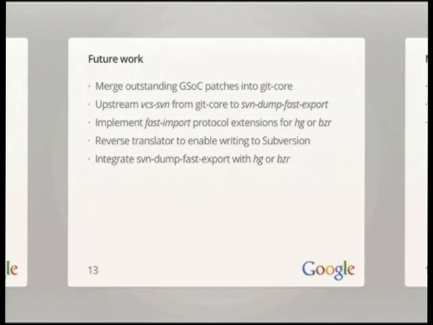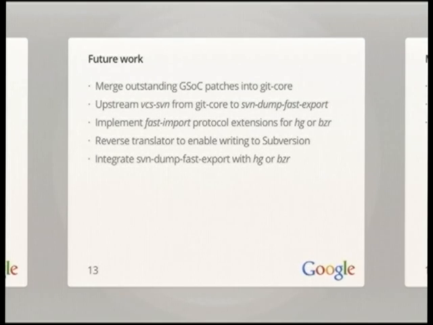Yeah, so there's a whole lot of future work to go, more or less reading off this slide. The majority of the Summer of Code work is still not merged in mainline, so there's work to do with that. Once the work has been merged, there's been a lot of busy work going on inside the Git fork of the project, and I'd like to upstream that to the parent project so that it can be made available for other projects.